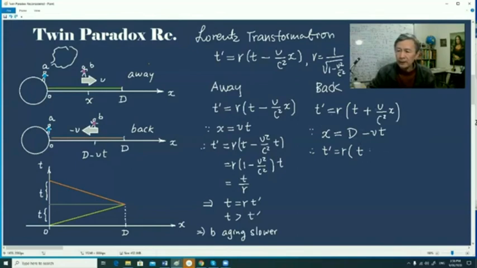We will have t plus, be careful, t plus the first term, v times d divided by c squared. The second term will be v squared divided by c squared times t, the local time.